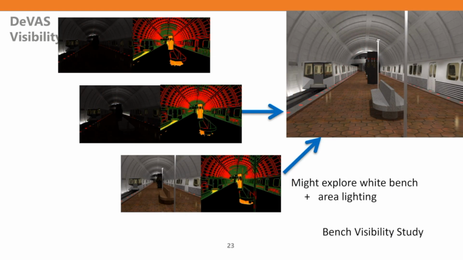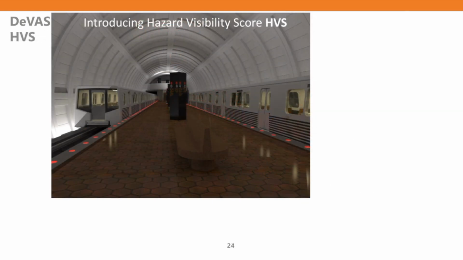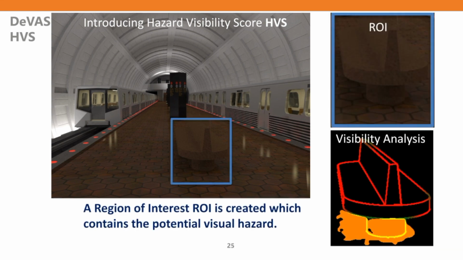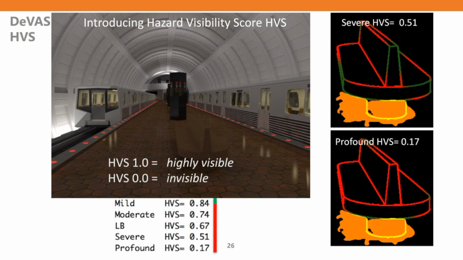So what we're trying to provide an architect with is not a prescriptive solution. You have to use a 6-inch yellow line. We're trying to provide work within your visual vocabulary to get a good score. Score? Well, we've come up with a hazard visibility score. Within the whole field, we suggest a region of interest, a potential hazard, in this case the bench, and we run an analysis on it.